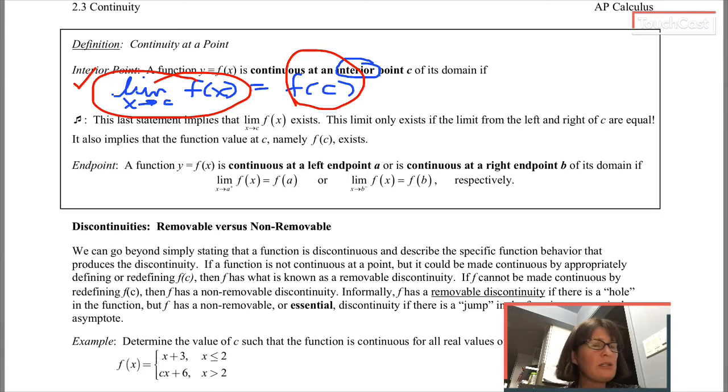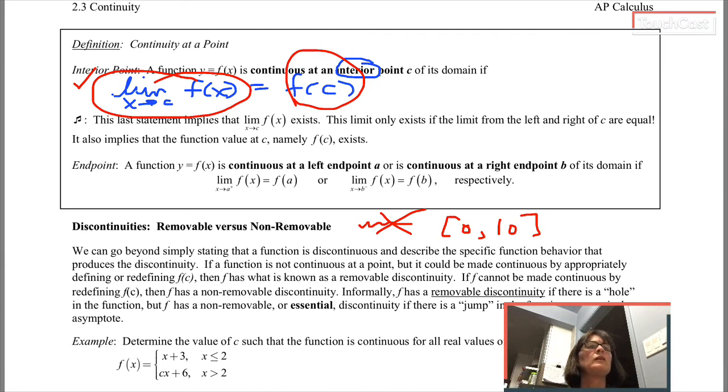And at an endpoint, it's kind of the same idea as when we talked about a limit. If I want to think about whether a function is continuous at an endpoint, I really only have to consider the limit from the direction where the function exists. So if I tell you the domain of some function is from 0 to 10, and I ask you to tell me if the function is continuous at x equals 0, I don't need you to think about the limit as x approaches 0 from the left, because the function f isn't even defined to the left.